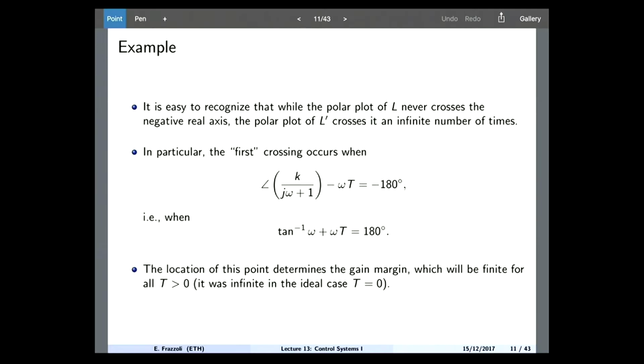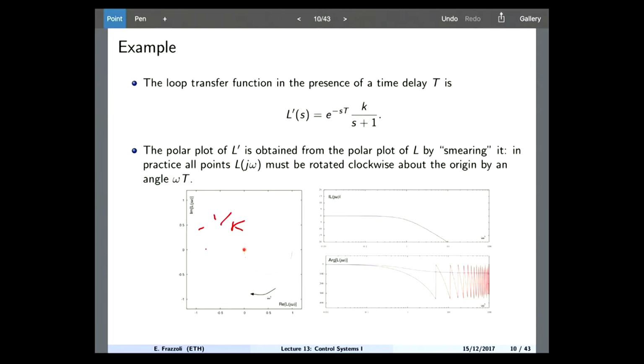Your phase margin, which before used to be 90 degrees always, can now be reduced to 0, meaning that the gain can only be so much. The gain margin you compute from when the phase crosses -180, and you see that it is less than 5 dB in this case.